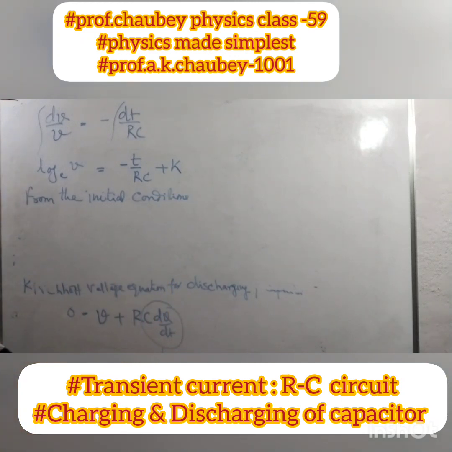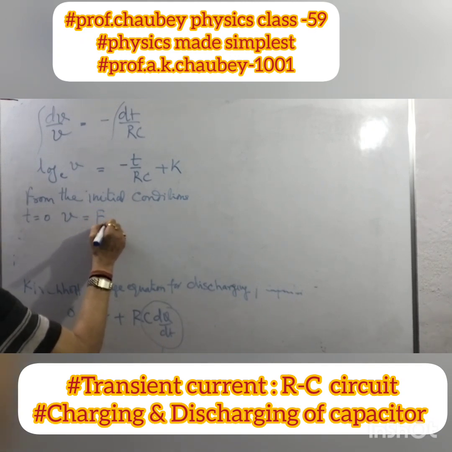What are the initial conditions? Initially at time t equal to 0, what is the voltage of the capacitor? We can write t is equal to 0, initially V is equal to the battery voltage E, maximum.